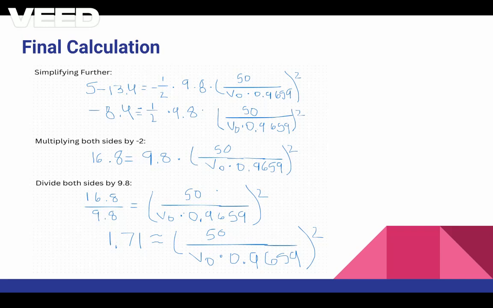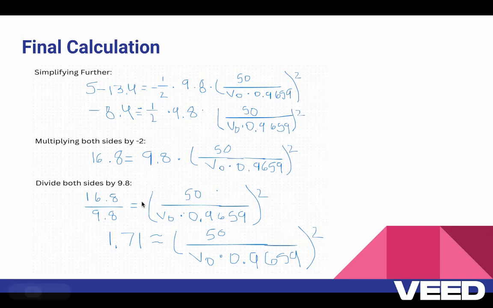Now I'm heading into my final calculations. Now that I have all the numbers that I needed and I have the initial velocity by itself, I can now solve for it. So I began to solve, and after I did the simple adding and subtracting from both sides, I needed to multiply both sides by -2.